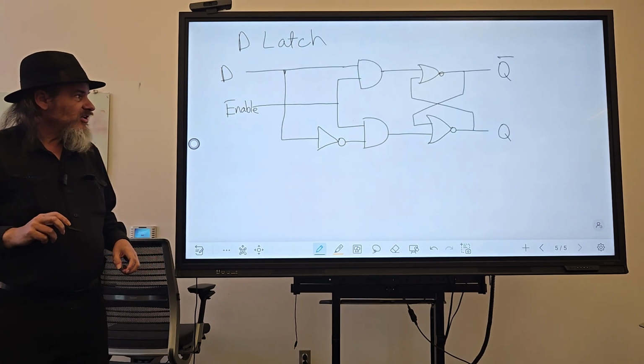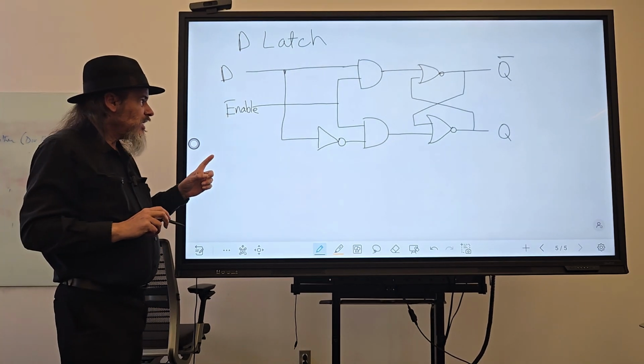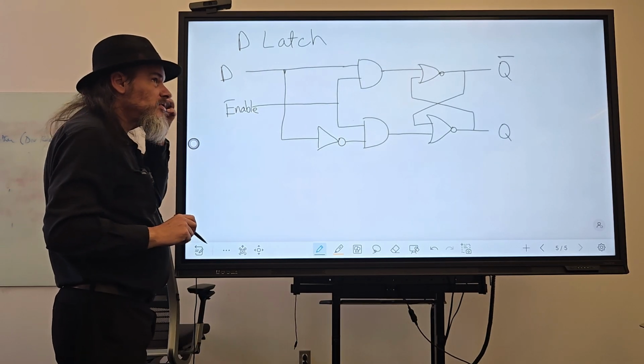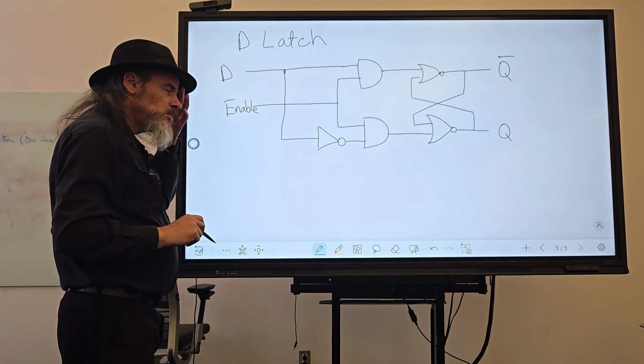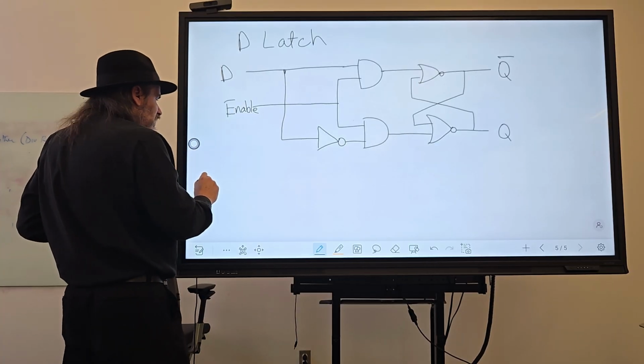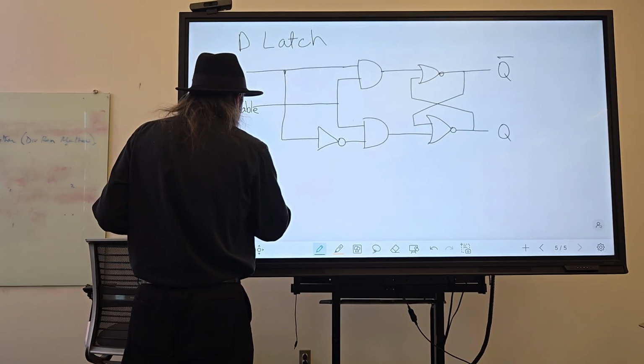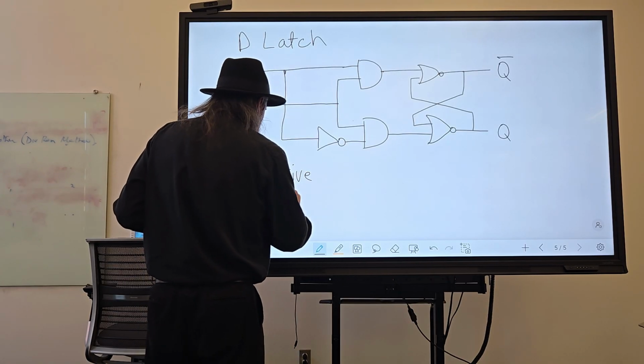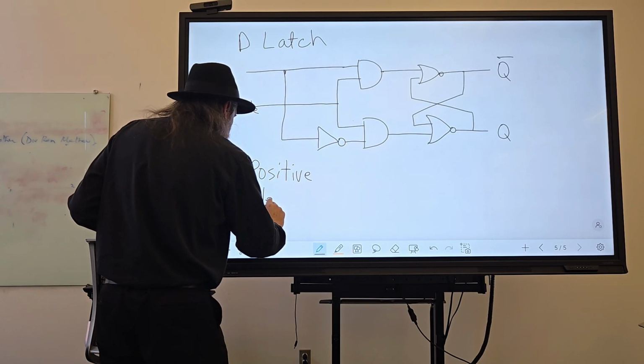You can make this a flip-flop, where there are two types of flip-flops: the positive edge and negative edge.